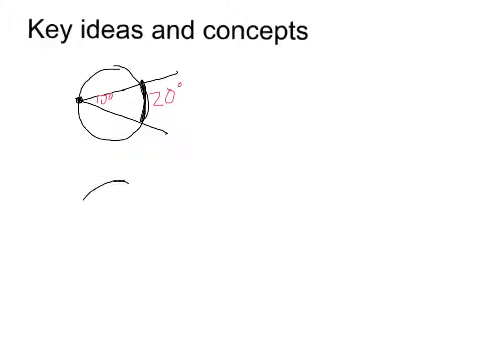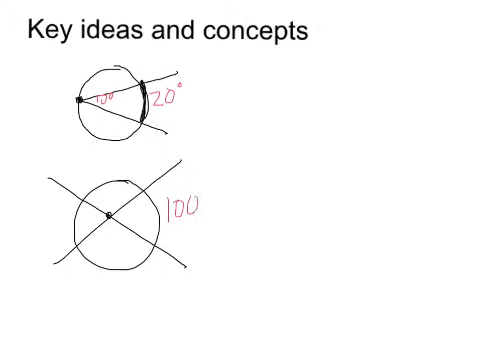We have a second condition where the vertex is located inside the circle, and we take the average of the two outside pieces. So if this is 100 degrees and this is 110 degrees, then the measure of the angle is going to be the average of those two, which is 105 degrees.